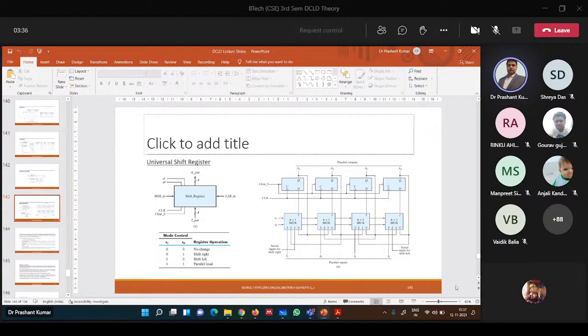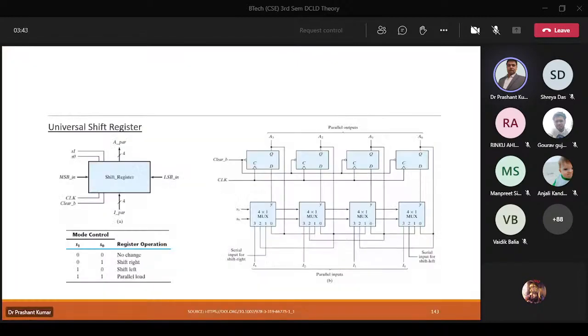So we were discussing registers, and just to continue the discussion, we will start with universal shift registers.